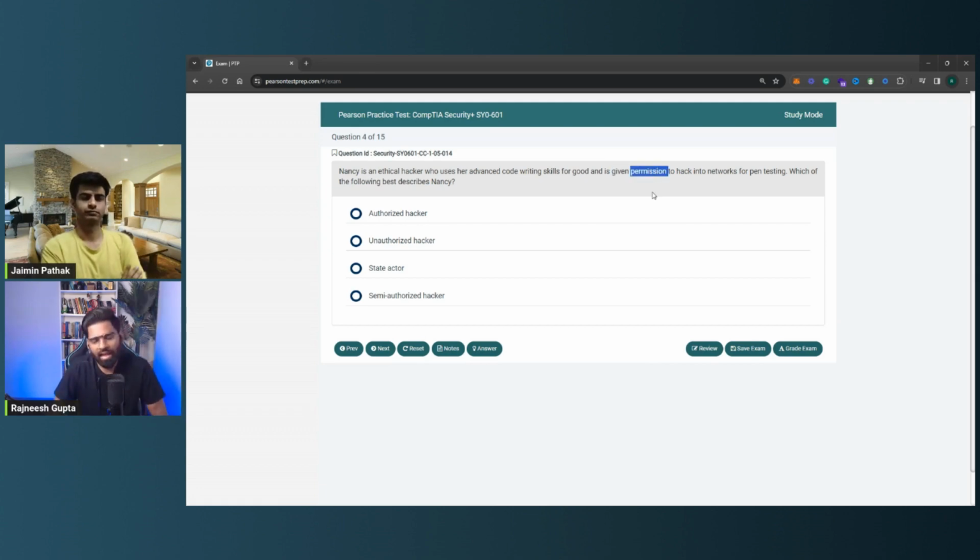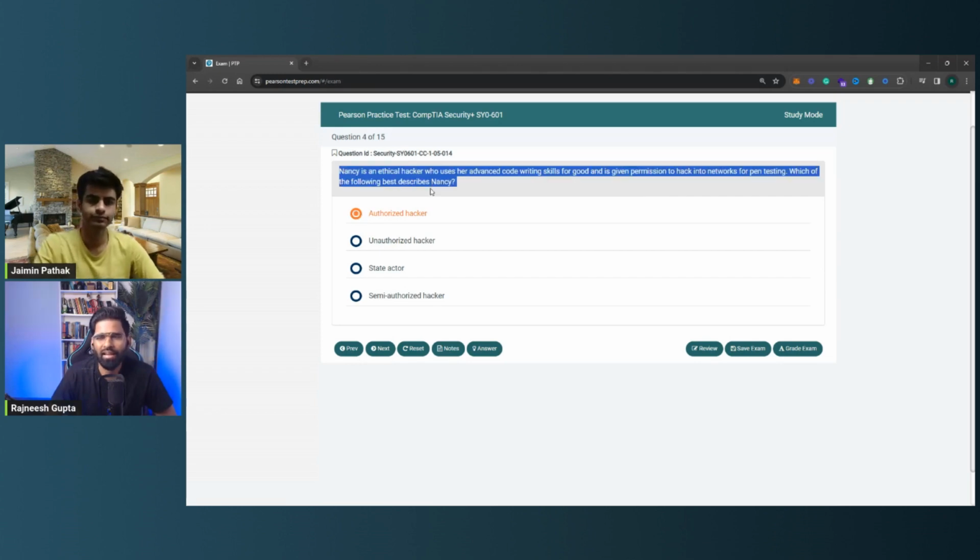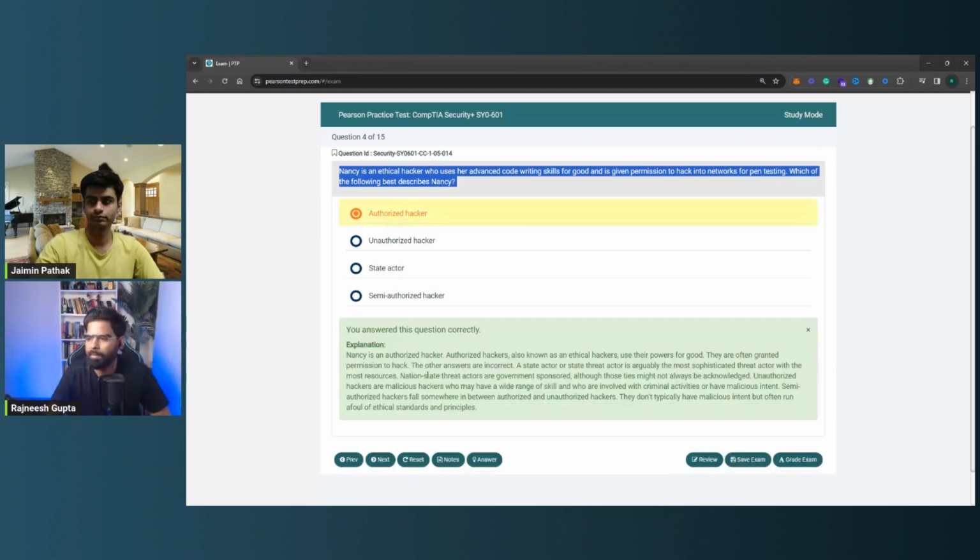So when the hacker has permission, that means they are authorized, correct? And that's another name for ethical hacker as well. So authorized hacker, ethical hacker, it's the same thing. And remember, this is all related to consent and permission. If you see permission, consent, that means they are authorized. Okay, perfect.